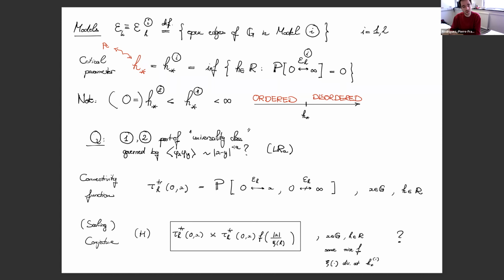Here we're in a class where basically the decay is some sort of small polynomial, and somehow this exponent a should dictate these exponents.